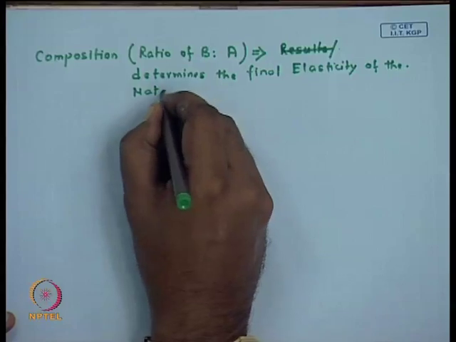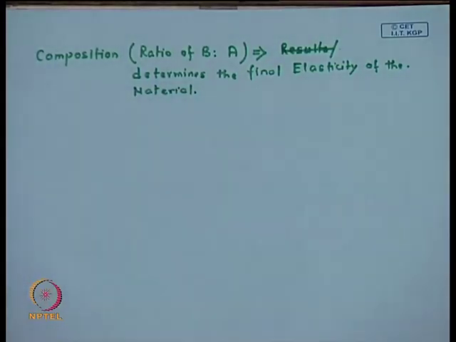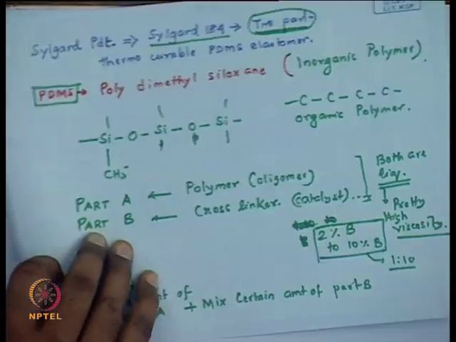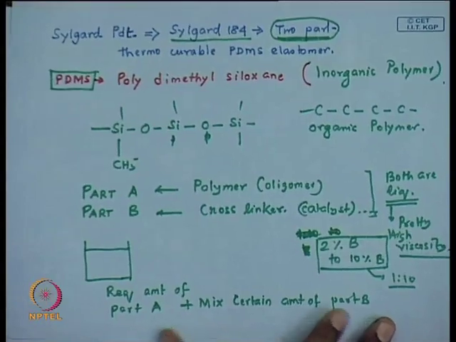Even if you do not understand this fully at this point of time, it does not matter, we will revisit. So, coming back, all you have to do is mix part A and part B in requisite proportion. What determines the proportion and all that, we will talk about and you will understand. This is a very simple concept, and if you just mix them and put it in a beaker, it will cross-link.